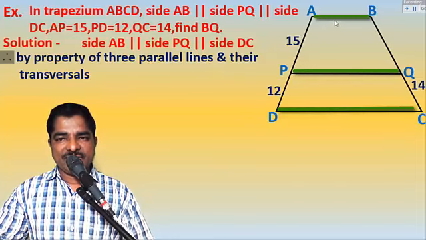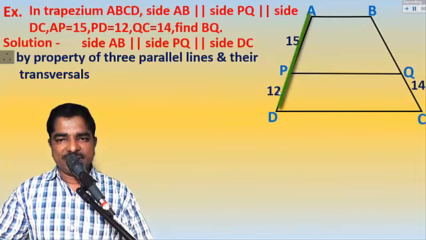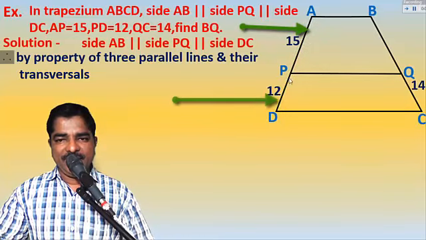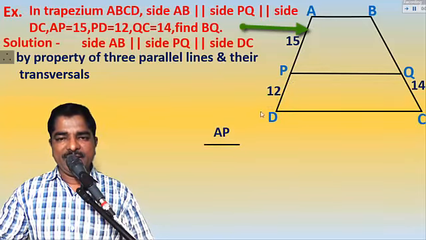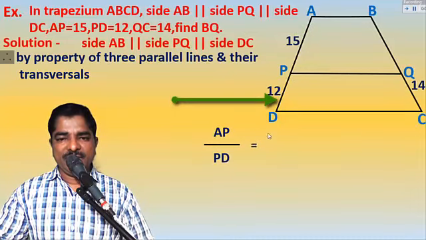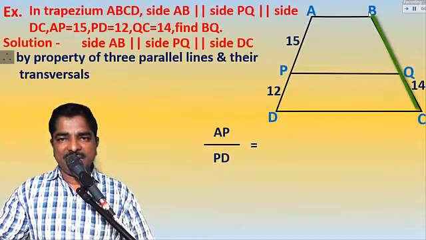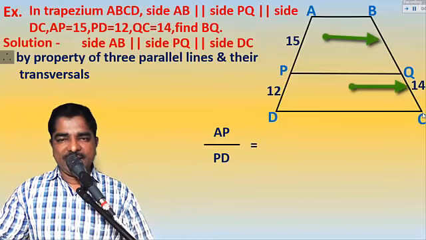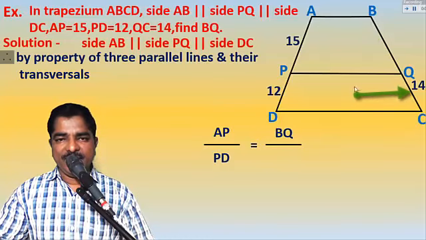Take the first transversal AD, and we get two intercepts, AP and PD, with ratio AP divided by PD, equal to, for the same three parallel lines, the second transversal BC, where we get two intercepts, BQ and QC, with ratio BQ divided by QC.